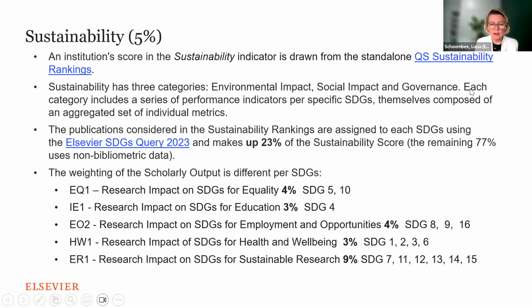Sorry, these are actually underlying some of the main categories. Then you have another metric that looks at education, and they would also integrate publications related to SDG 4, and so on and so on. So up to 23% of this sustainability score comes from bibliometric data, and the rest comes from non-bibliometric data.